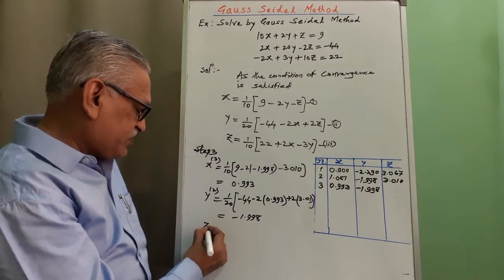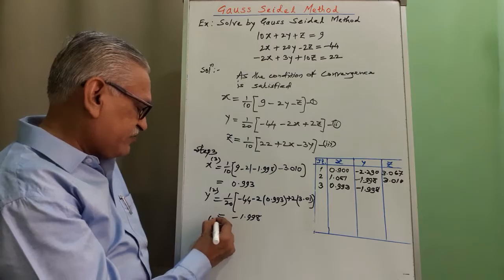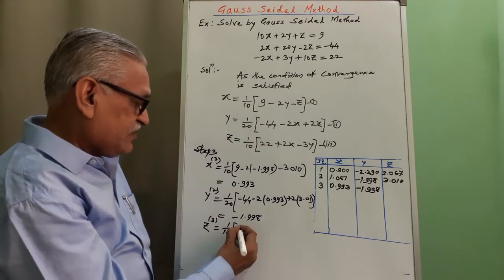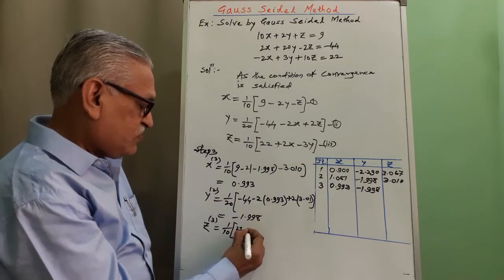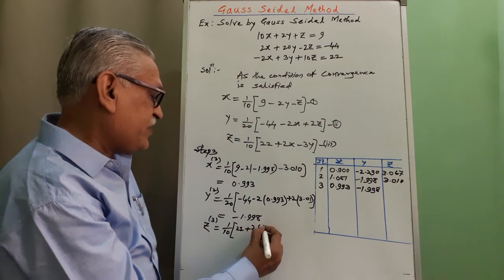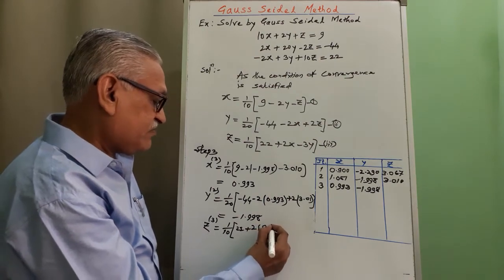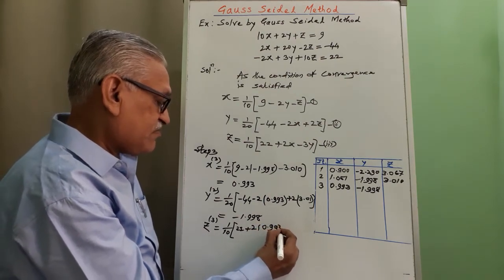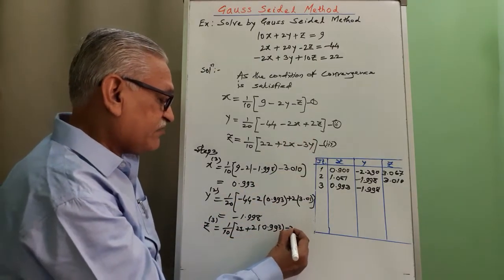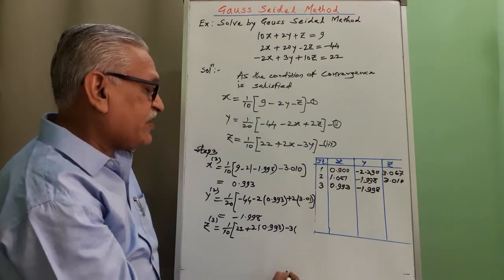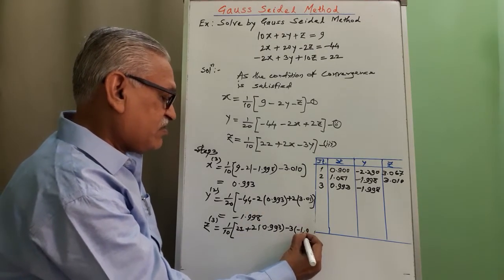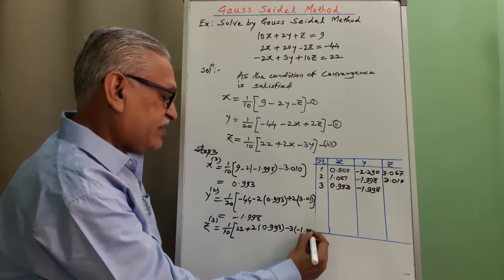Therefore, from the third equation, z3 is equal to 1 by 10 times 22 plus 2 into x. The value of x is 0.993, and minus 3y. The value of y is minus 1.998.